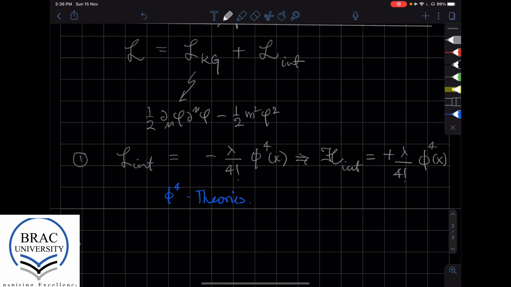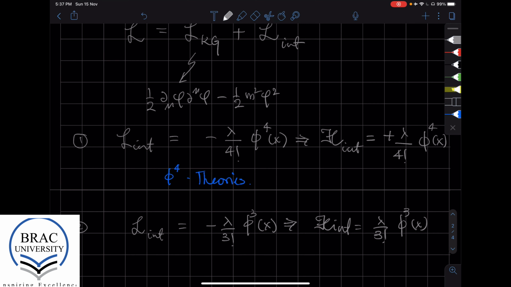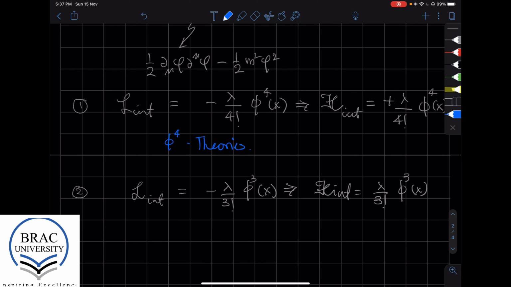Another possible interaction term for this theory could be minus lambda by factorial 3, phi cubed, the phi cubed theory. And similarly, for this theory, the interaction Hamiltonian would be lambda by factorial 3, phi cubed of x.